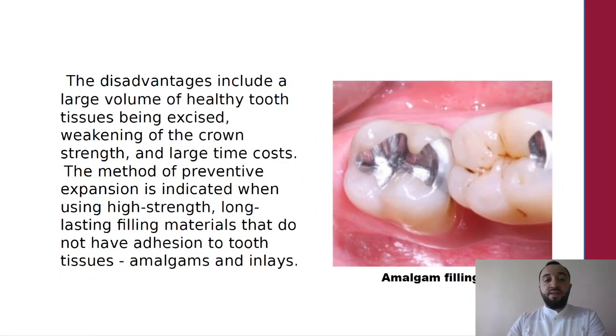The disadvantages include enlarged volume of healthy tissue being excised, weakening of the crown strength, and large time cost. The method of preventive expansion is indicated when using high-strength, long-lasting filling materials that do not have adhesion to tooth tissue: amalgams and inlays.